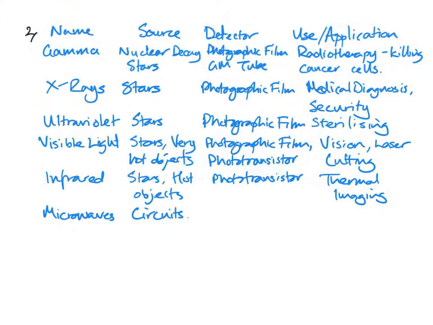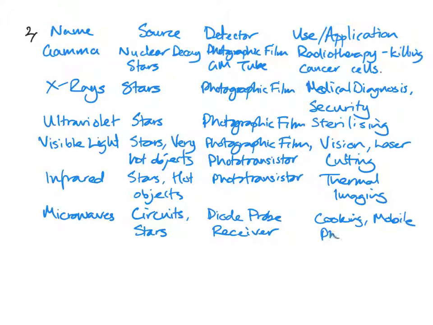Okay, electrical circuits can produce microwaves, as can stars. And the detector there, you kind of need to learn, it's a new idea to you, I'm sure. It's called a diode probe receiver. And microwaves are used for cooking, for mobile phone communication as well.